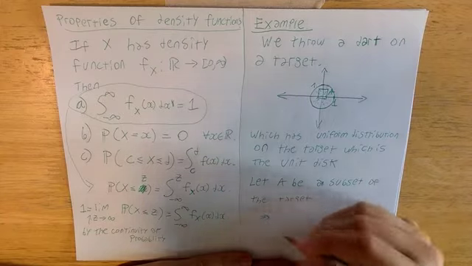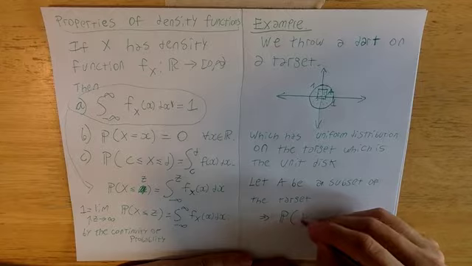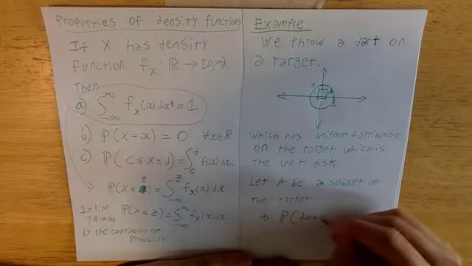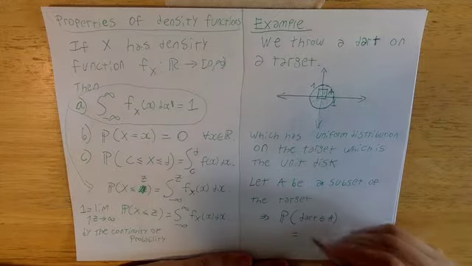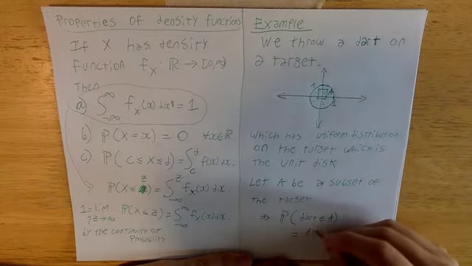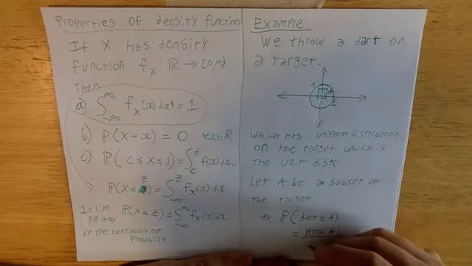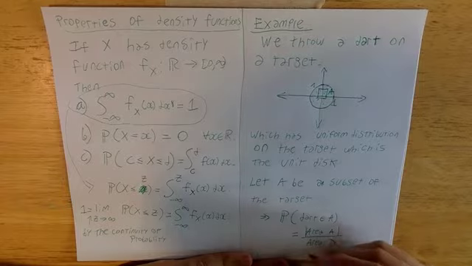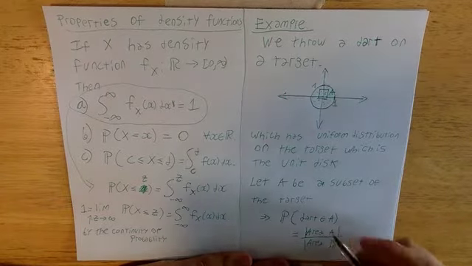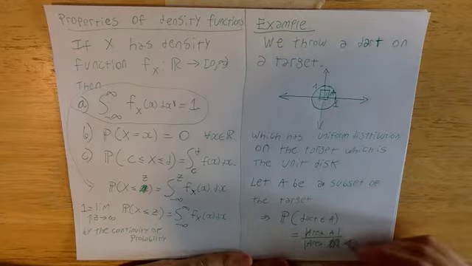Then the probability that the dart is in A is going to be equal to the area of A over the area of the unit disk, or let's call it area of target.